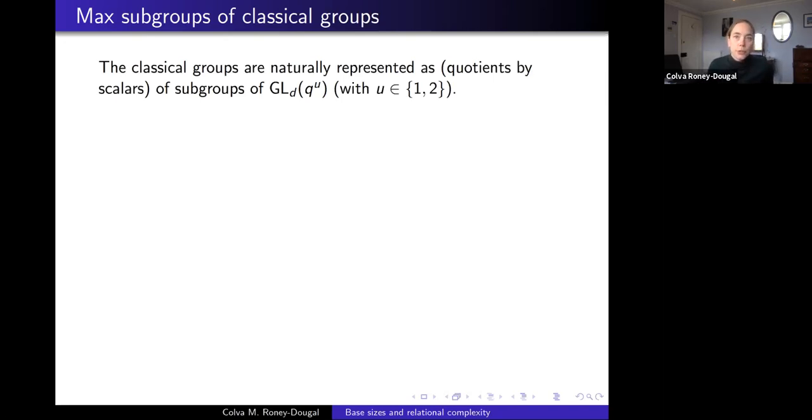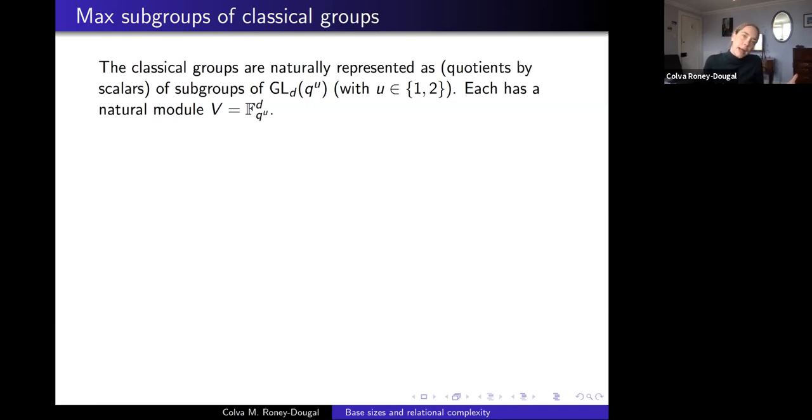It's 2 for the unitary groups and 1 for everything else. Quotients by scalars if you want the simple group, or alternatively take your matrix group and make it act on projective space and the scalars will disappear and the image of that action is exactly going to give you the simple bit. So they each come with some kind of natural module, V, I'll call it, which is a vector space over a finite field.